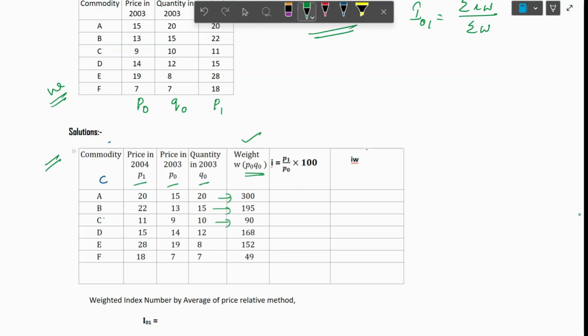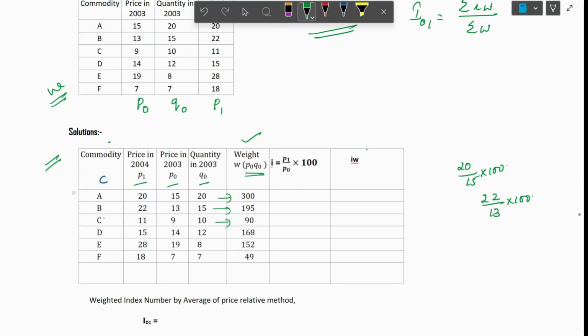Now, what is I? The same way, P1 divided by P0, but be careful. What is P1? 20. That means here 20 divided by 15 into 100. Just double check it. You are using the same values. Here for A, 20 divided by 15. And next what will come? 22 divided by 13 into 100.